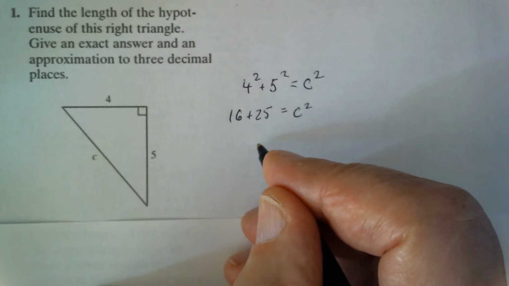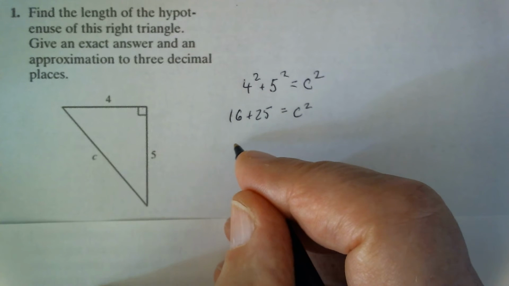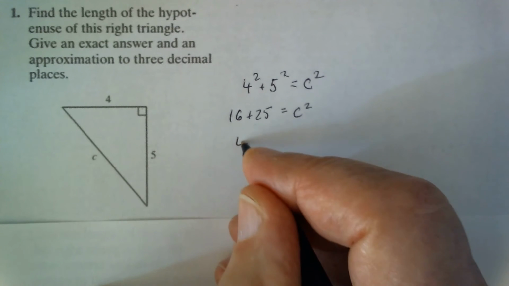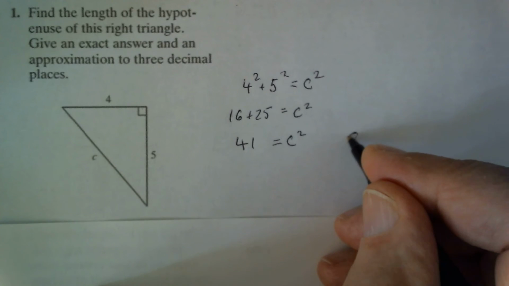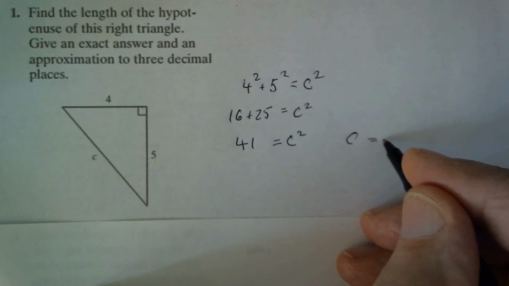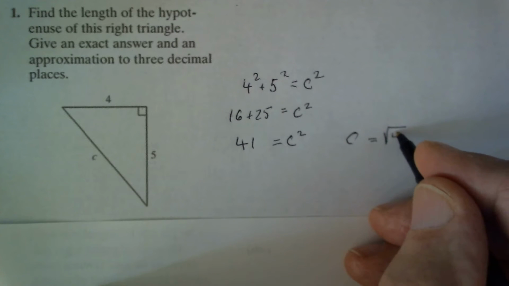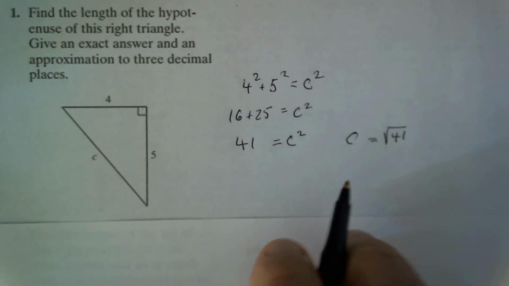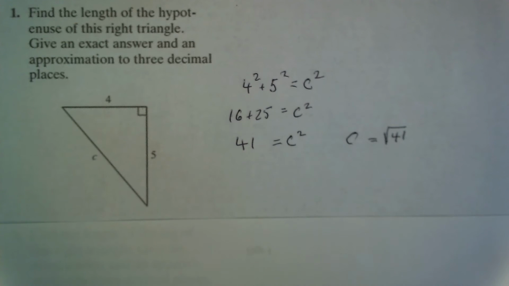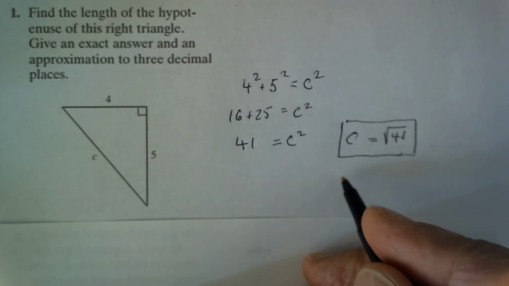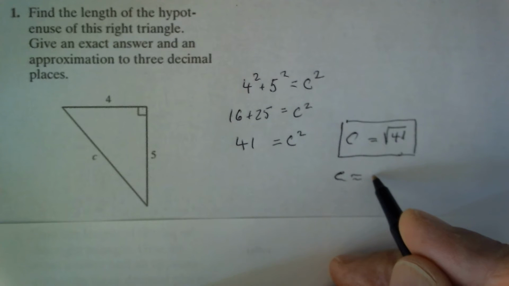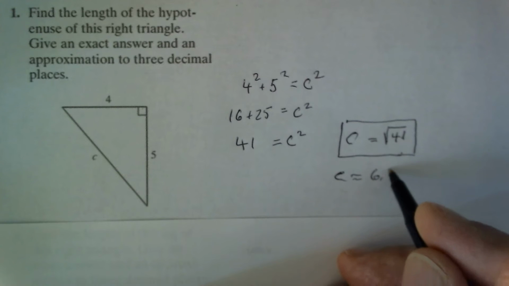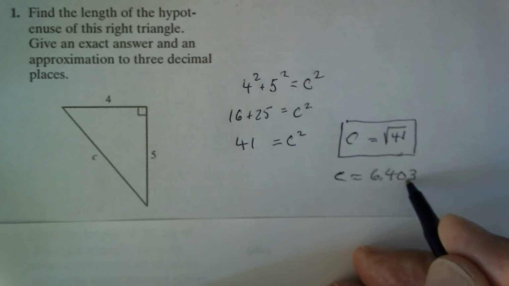So then 41 equals c squared. So then c is the square root of 41. And the approximation to 3 decimals for c is equal to 6.403. So that's an approximation.